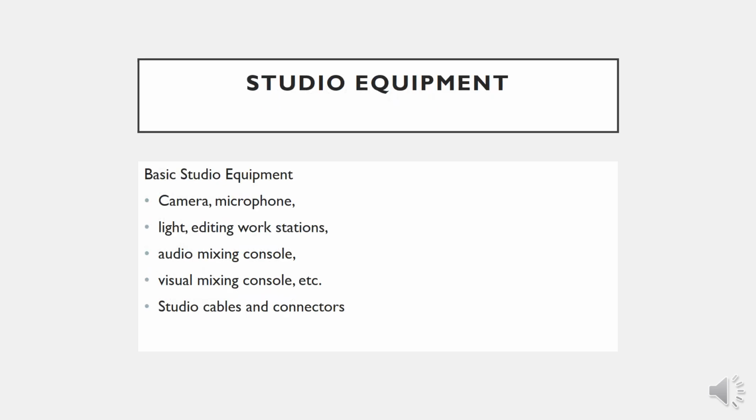Studio equipment also, handling of the studio equipment, lighting, editing workstation, audio mixing console, studio cable, and how to connect the cables in the studio, also the different types of microphones and the one appropriate for different forms of programming, but in this case for newscasting.